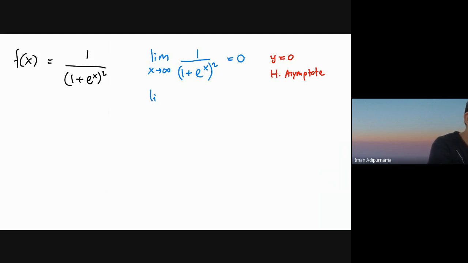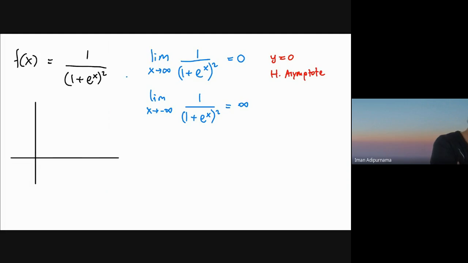And then the limit as x goes to negative infinity of 1 over... This results in infinity, right? Okay. Do you know why? Do you remember the graph? Let me draw the graph here. The e with power of x is like this, right?